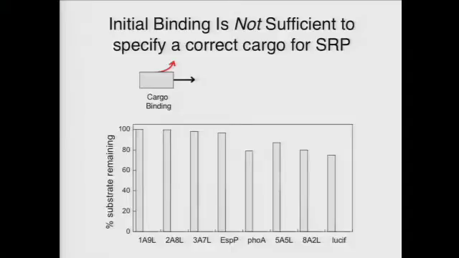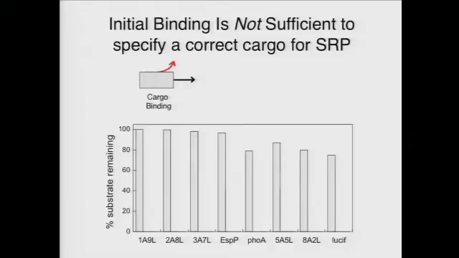So if these binding constants are not very intuitive to you, here's another way to look at it. We can take those quantitative binding constants and the cellular concentration of all of those components and just mathematically calculate what fraction of each of those cargos are bound by the SRP after this initial interaction.